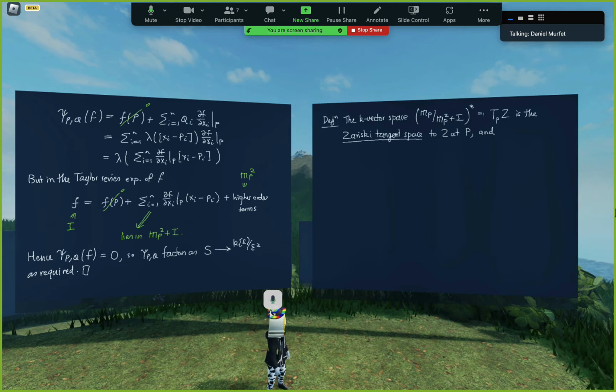Yeah, okay, that's a good question for the audience. Why is that a finite dimensional vector space? I mean, MP, it's a vector space, but it's infinite dimensional. Why is this quotient finite dimensional?